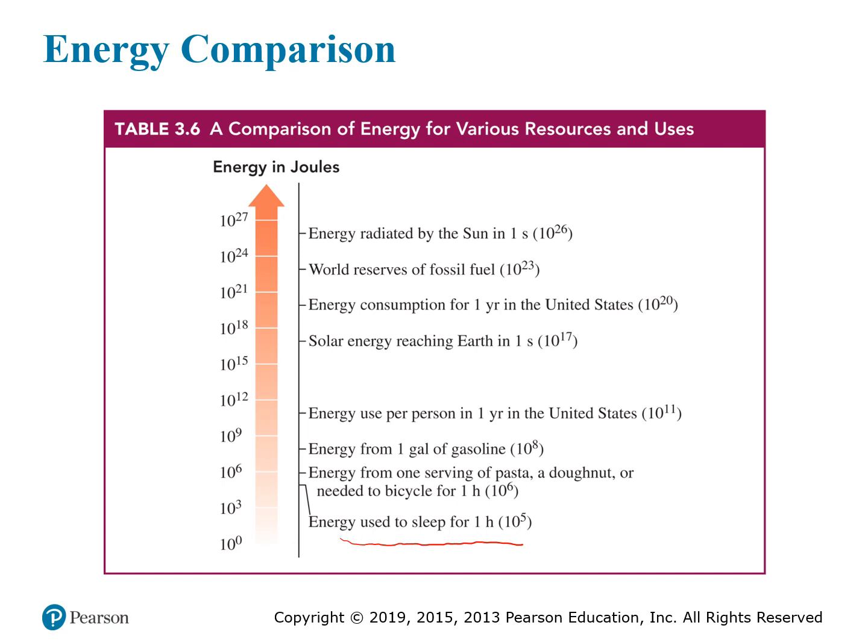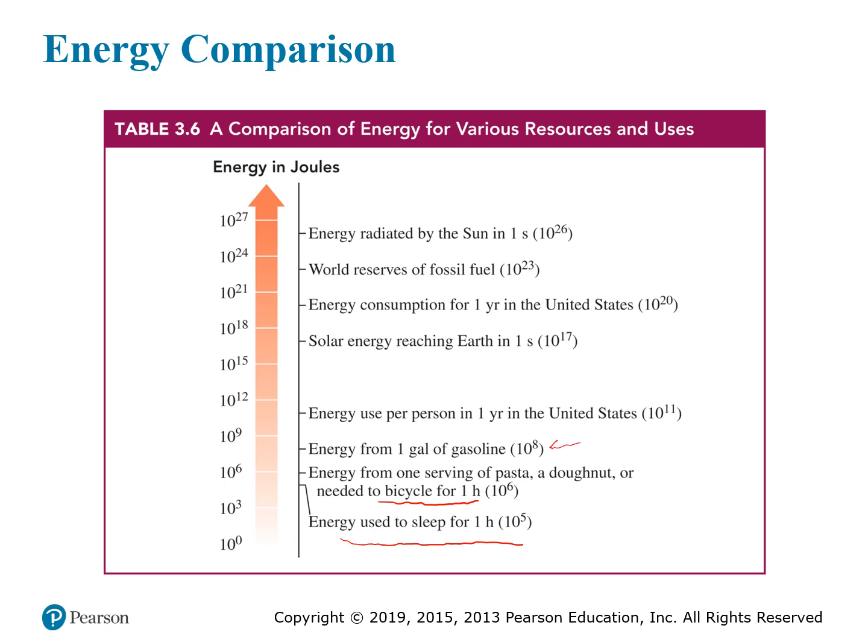If you are bicycling for an hour, you use 10 times as much, or 1,000,000 joules per hour. And this is approximately the same amount of energy that you would get from 1 serving of pasta or from a donut. And then we can see even higher than that is the energy that can be obtained from a gallon of gasoline.